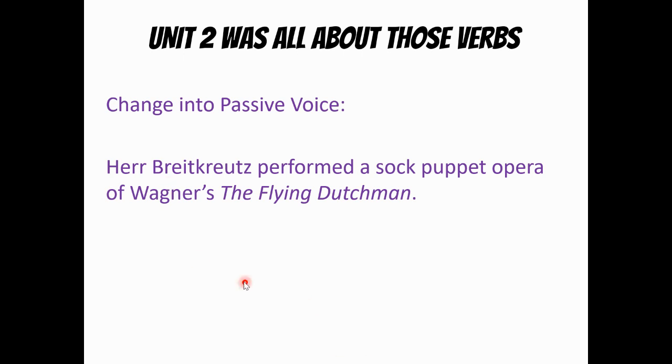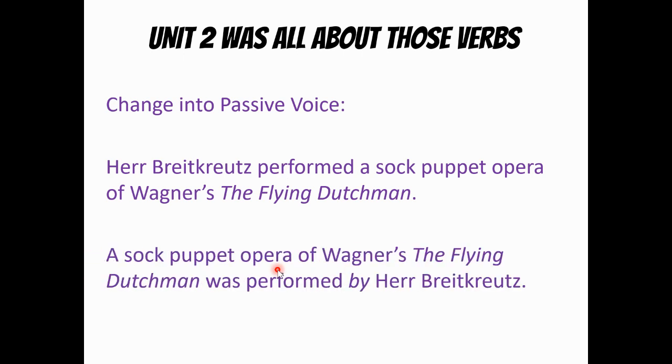So there's always this crisscrossing motion of the front to the back to the front, and then the verb changes. So I would change this to a sock puppet opera of Wagner's The Flying Dutchman was performed by Herbe. All right, and you could say had been performed, but that wouldn't be the right verb. I'm only going to increase it by 1. Performed turns into was performed.